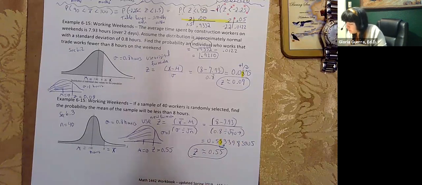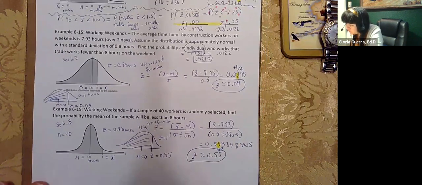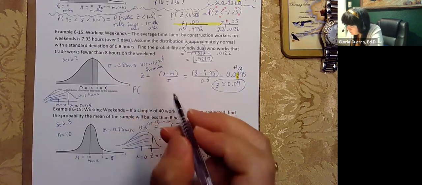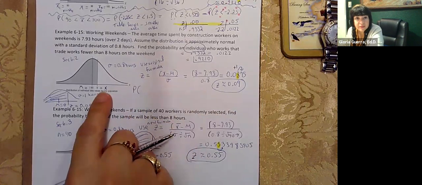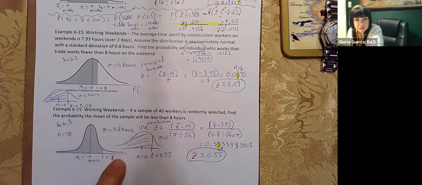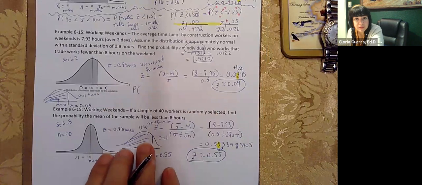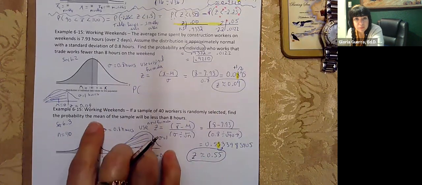Okay. And then now we're going to find our probabilities, find the area underneath the curve. So for this one, this one started off as an X, while the other one started off as an X bar, because that is the central limit theorem with the sample mean.